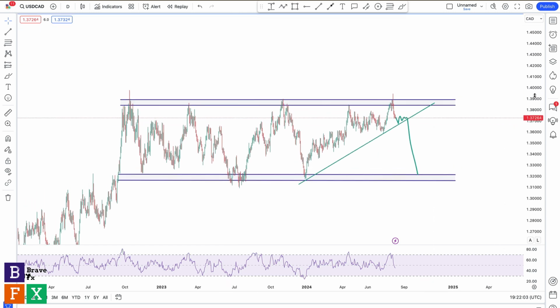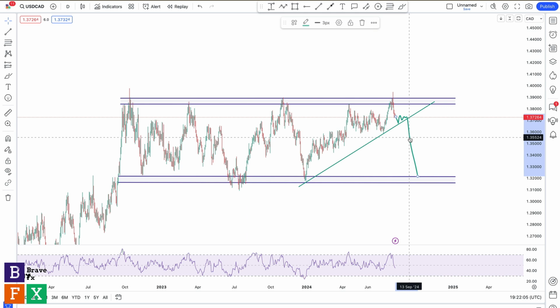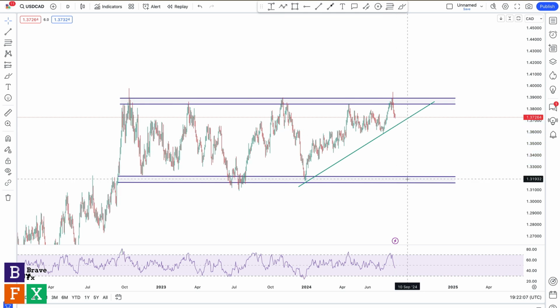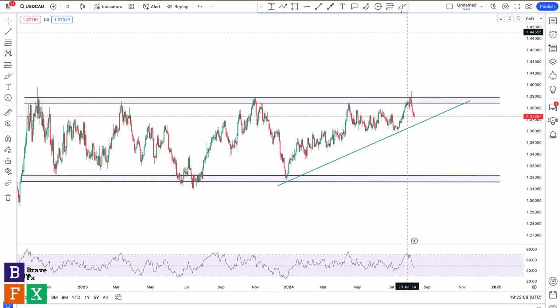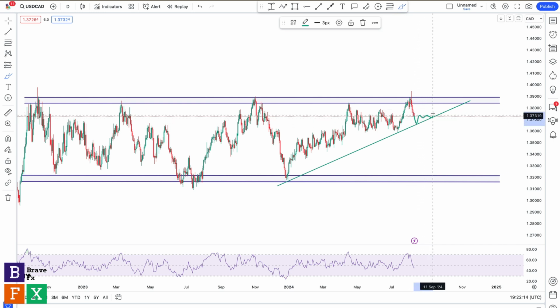But if you're going to be trading this, you have to be very, very careful because currency pairs are highly volatile, highly risky right now. So a bearish case scenario will be waiting for price to touch this trend line, consolidate, and get a bearish breakout. This will be my confirmation to go short. To go long, still my thesis remains the same: consolidation, followed by a proper bullish breakout. So I think there's a good chance we consolidate within this tight range before getting that bullish breakout to the upside, if we're indeed going to go higher.